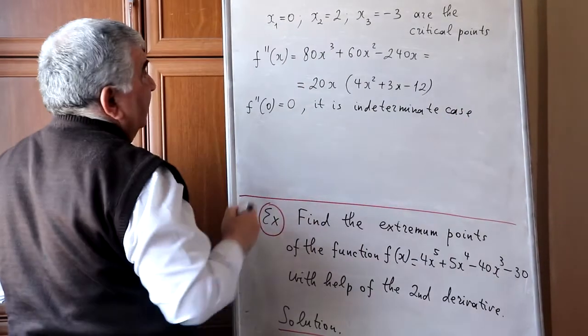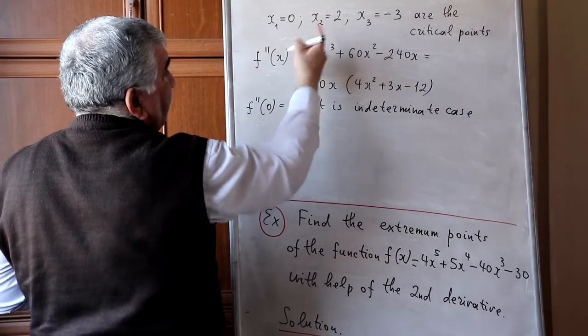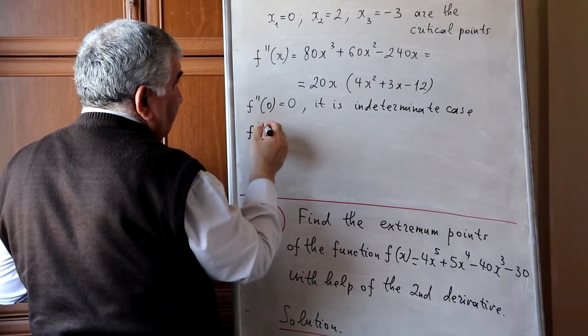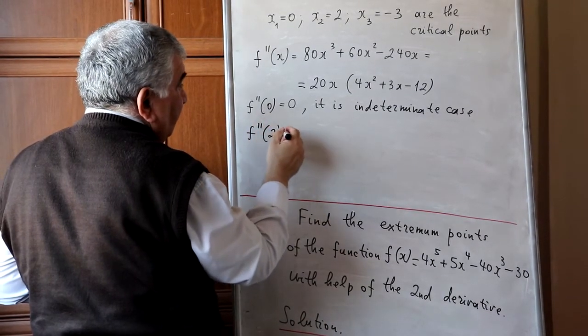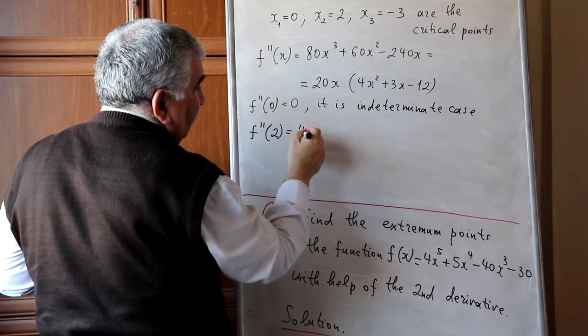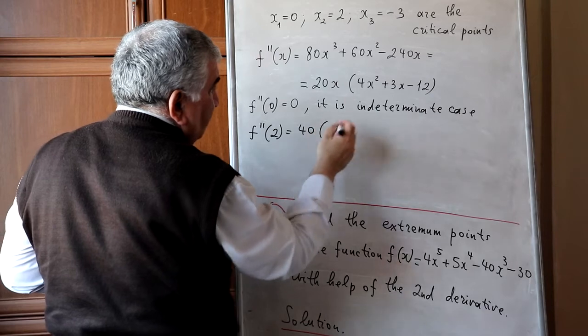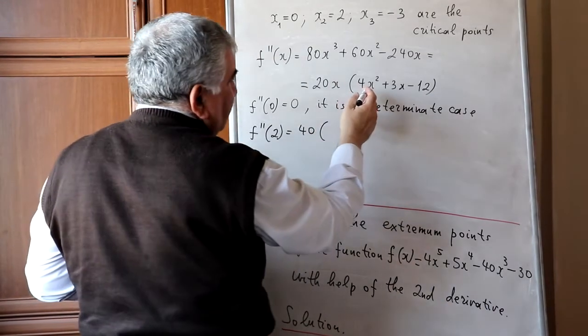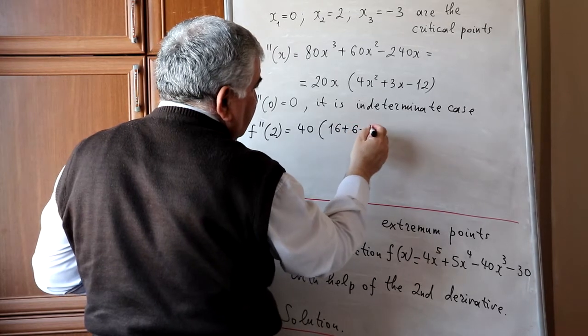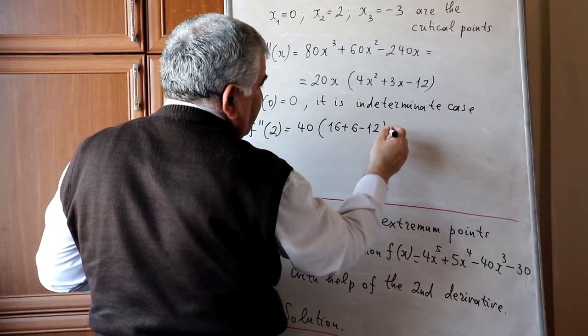Then take the second critical point 2 and calculate the second derivative at 2, substituting 2 instead of x. Here 40 multiplied by 16 plus 6 minus 12.